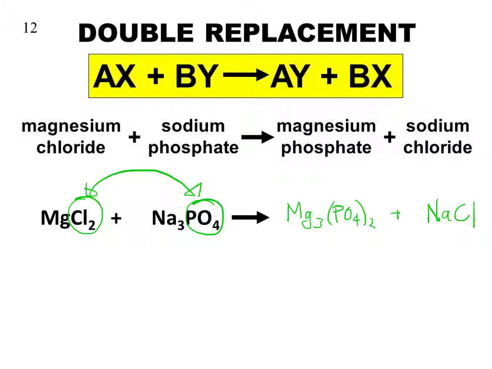Now let's go ahead and balance this out. If you balance this out, you should end up with 3 magnesium chlorides, 2 sodium phosphate, 1 magnesium phosphate, and 6 sodium chloride.